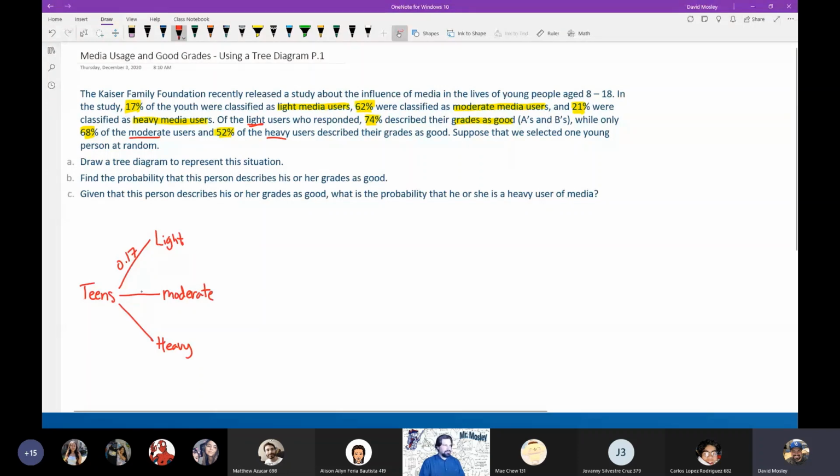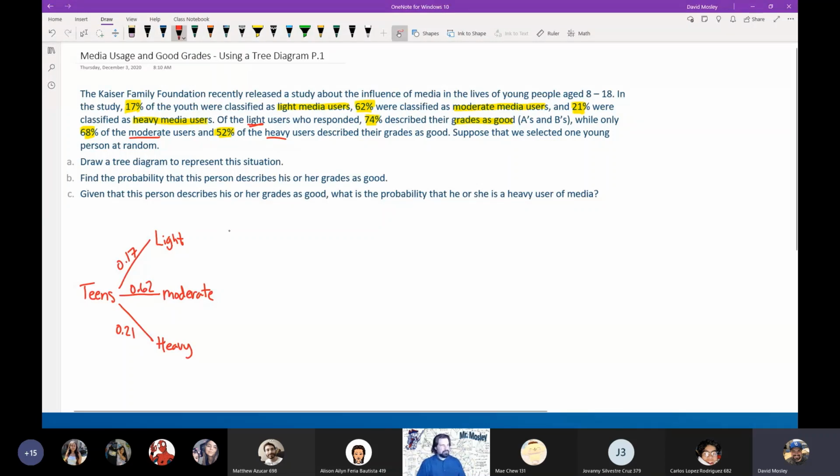Moderate is 0.62. And heavy is 0.21. Again, if we add these up, 0.62 plus 0.17 plus 0.21 gets us to 1, 100%. So that's good.